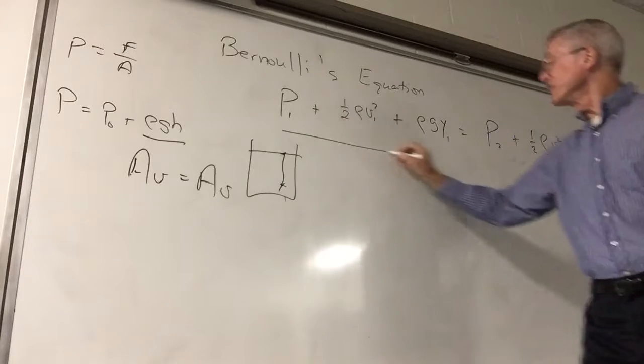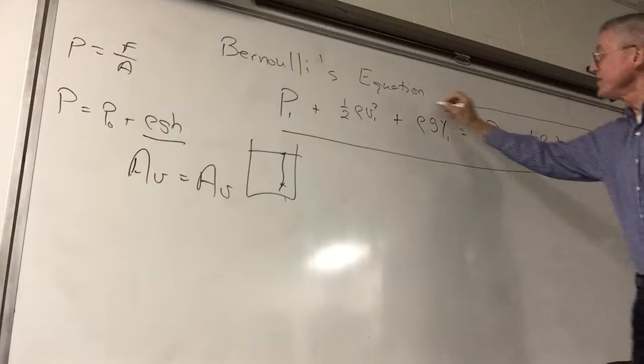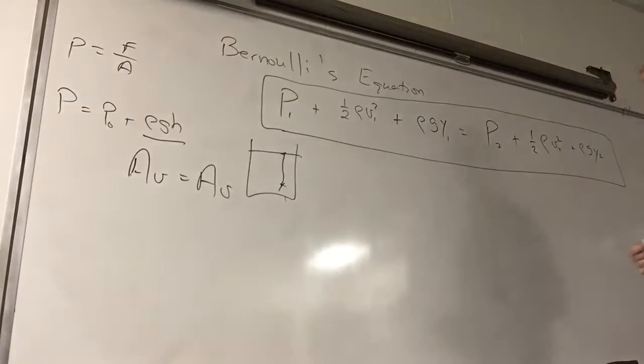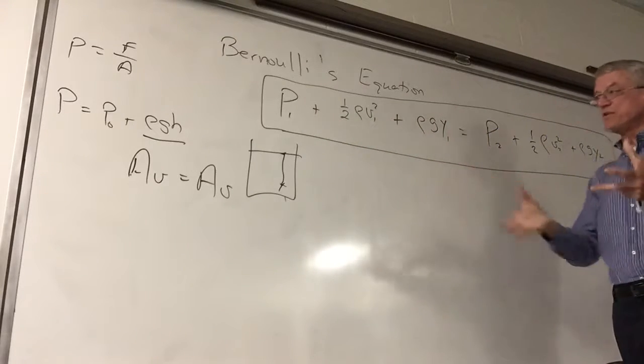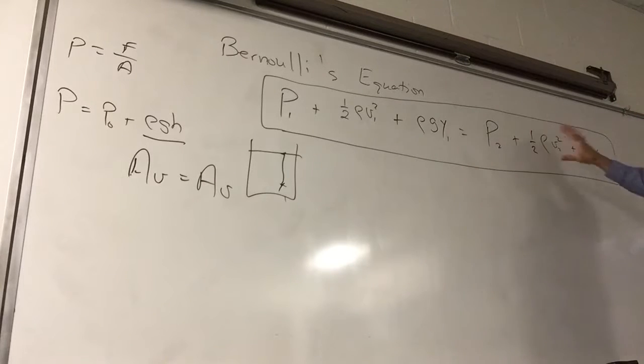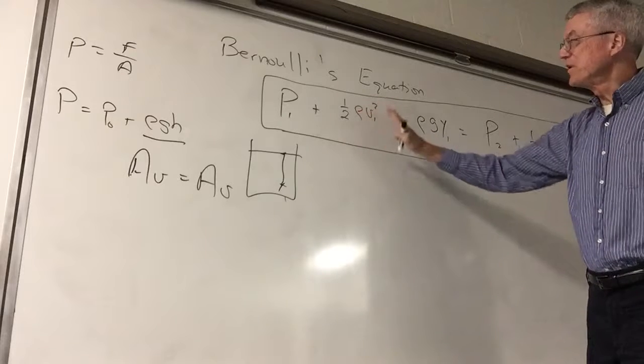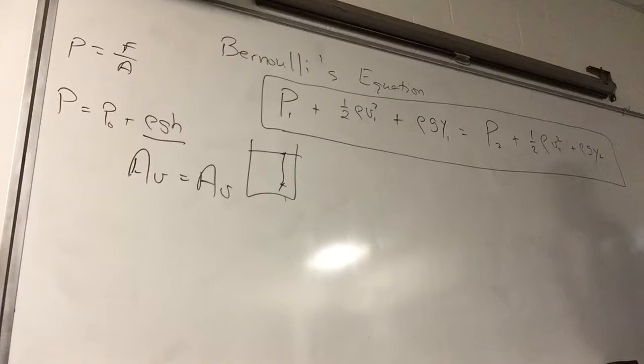So this is really all of Bernoulli's equation. If you were actually plugging in numbers, you would think of it that way, where all the ones on the left side of the equation are at one position, and all the twos are at another position. But all of these on the left have to add up to the same thing as all of these on the right. That's Bernoulli's equation.